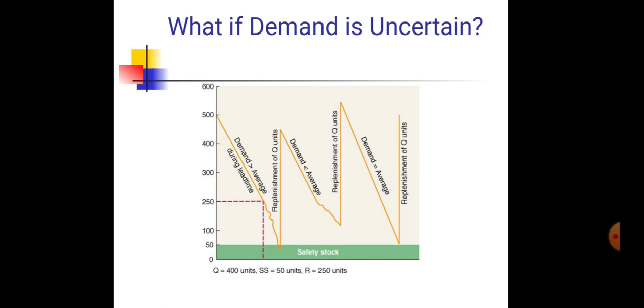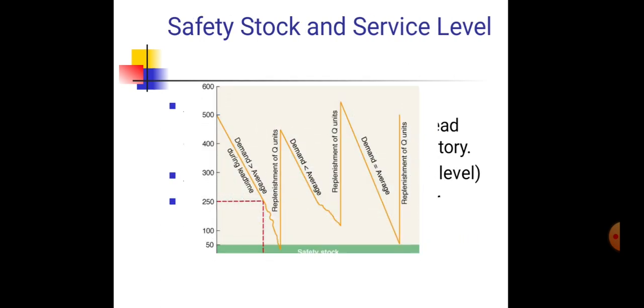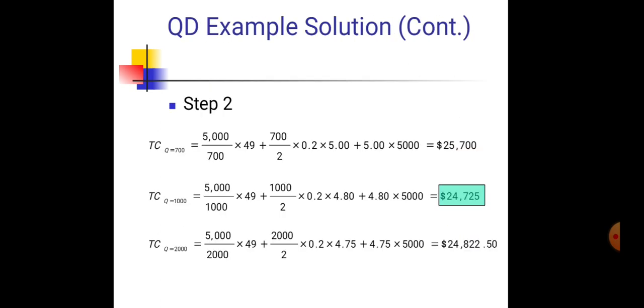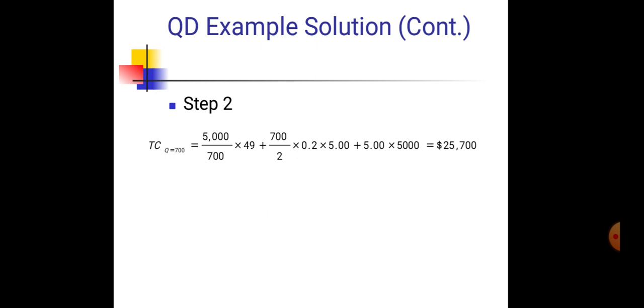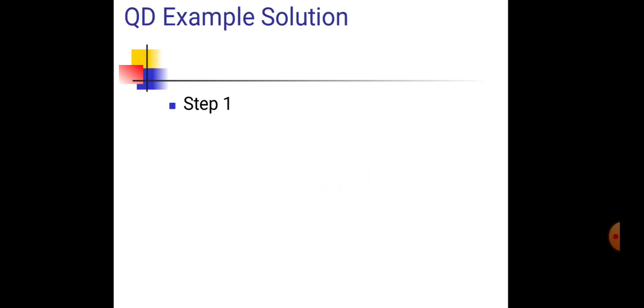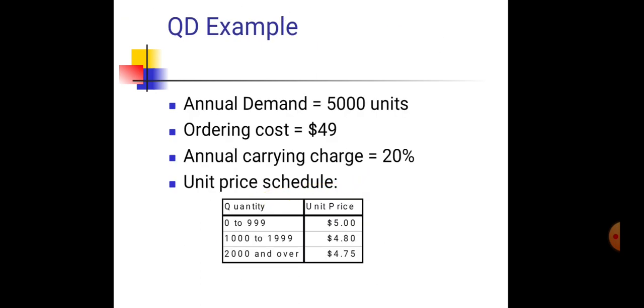So as it is less, you can use that. But what if demand is uncertain? Then safety stock is required. But here you can find that this is the optimal solution. So you choose the second one, the 1000 quantity, so that you will incur less cost.